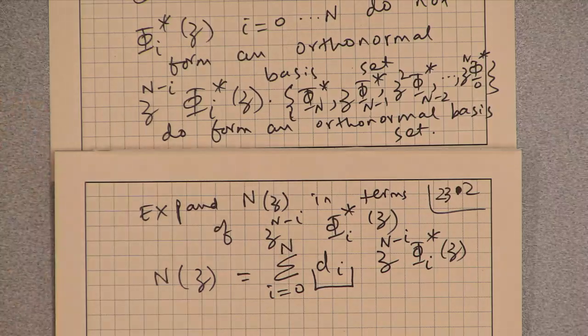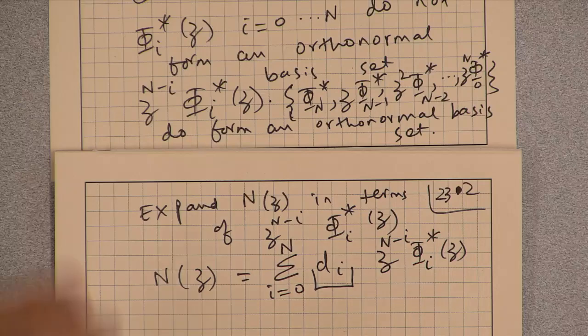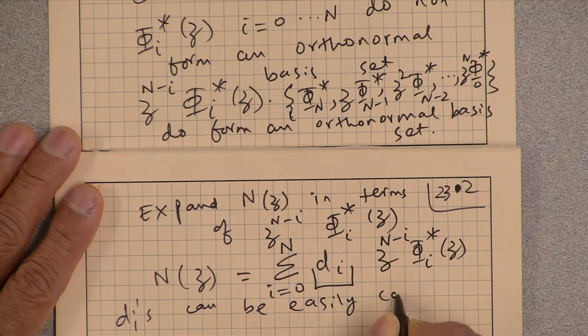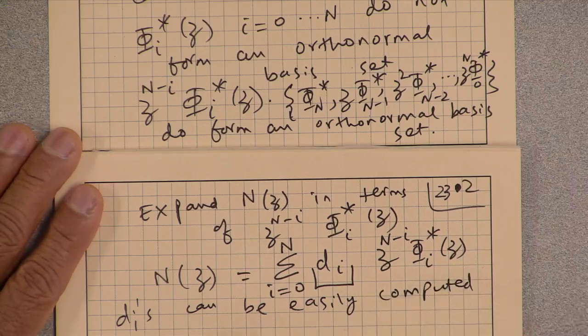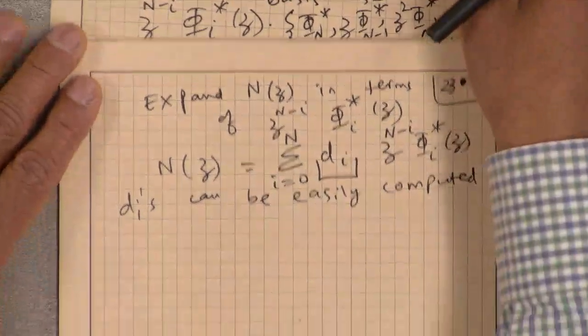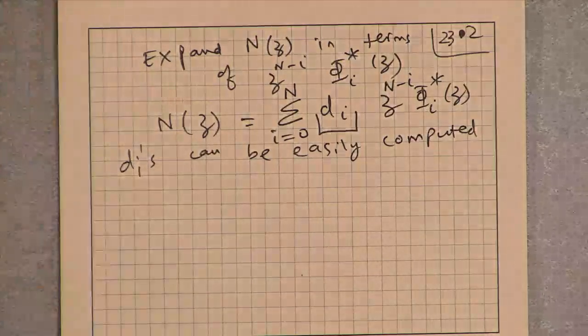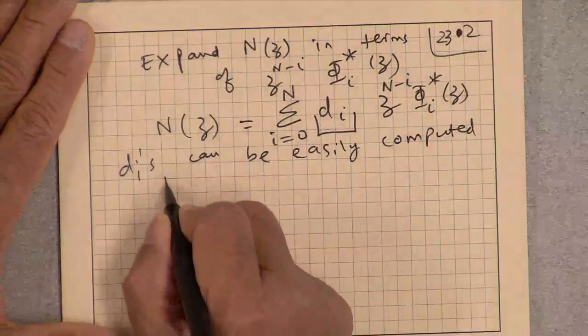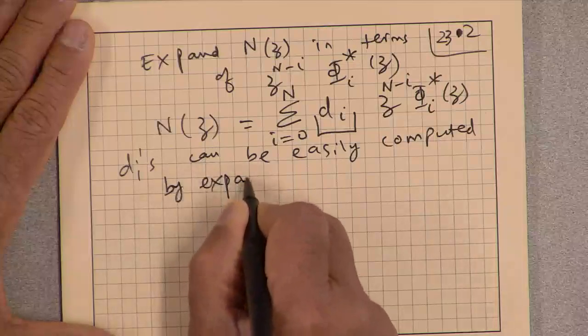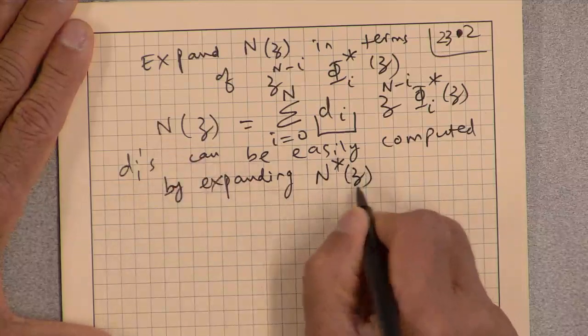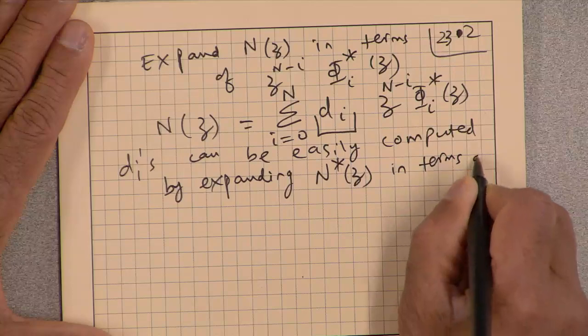Okay. So it turns out that the d i's can be easily computed by expanding the reverse polynomial of n star in terms of phi.